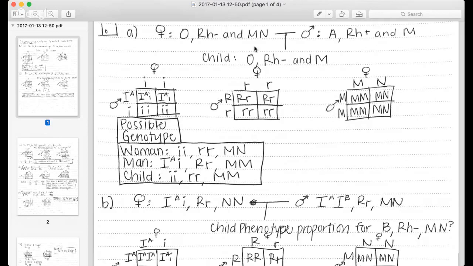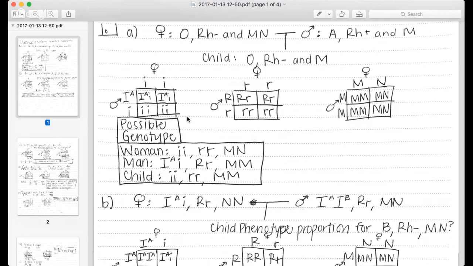So on A right here, we have what the parent is, the female and the male, and what the child should be, and how the genotypes work out here. So let me see, what was the question again? Determine a possible genotype for each parent and for the child. Because type O has to be lowercase i no matter what, that's where this comes from. To have both of those, you have to have an IAI in order to get that 1-to-1 ratio so that the man can have that kind of genotype.